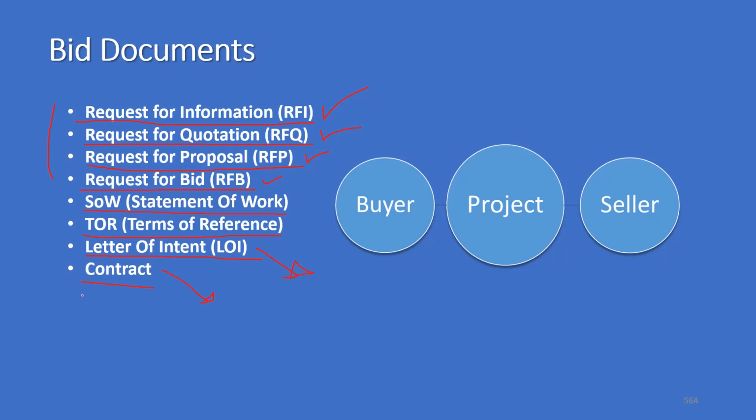So never start a high value project without a valid contract, because later on you can be in trouble. As discussed before, contracts can be between the contractor and the buyer, or between the contractor and the seller, contractor and the suppliers.